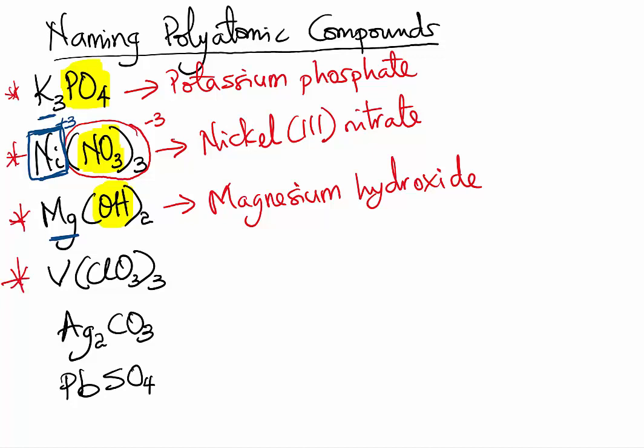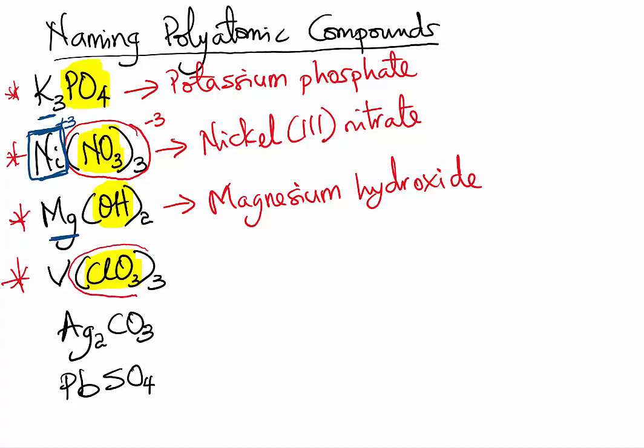The first element in this compound is vanadium. It is a transition metal element. It has variable charges. So we would have to figure out the charge it carries in this compound. And that means we will need to begin with the polyatomic ion. The polyatomic ion here is chlorate.